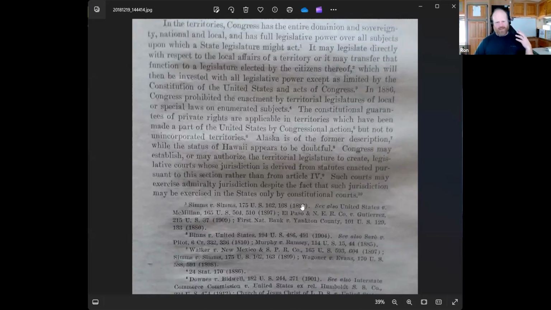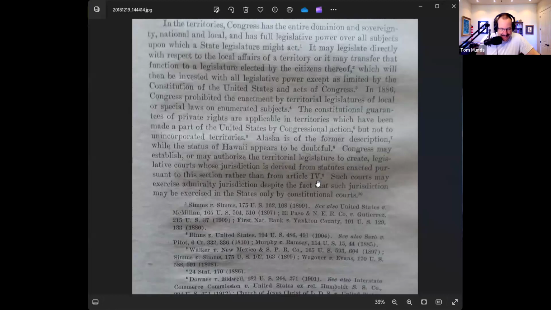So this brought up a lot of things to my mind. So let's just go on a little bit here. We're going to tie a lot of things together here. All right. Congress may establish or may authorize the territorial legislature to create legislative courts whose jurisdiction is derived from statutes enacted pursuant to this section, Article 1, rather than from Article 4.